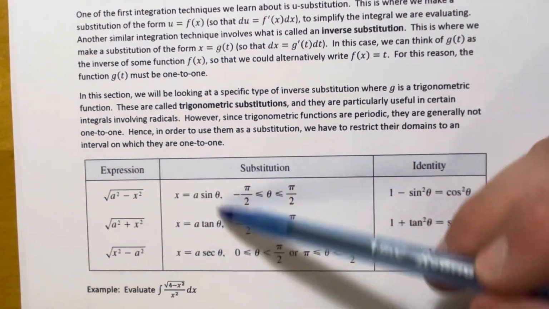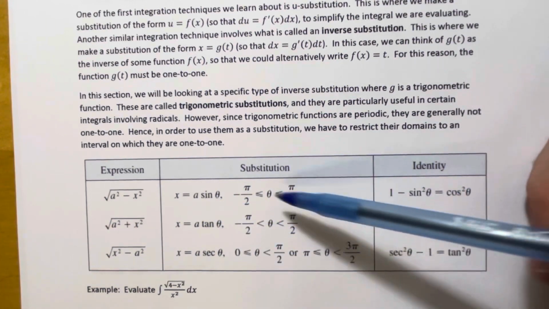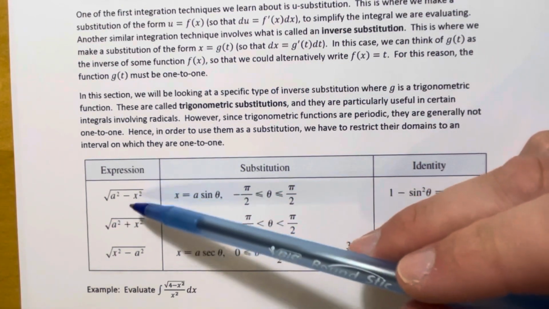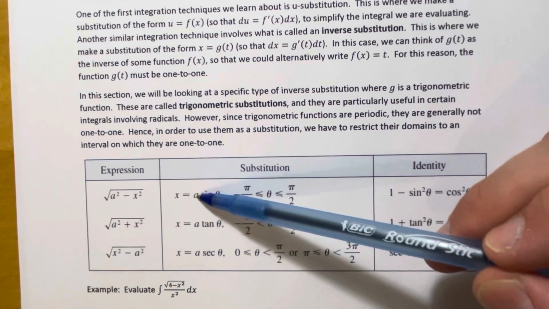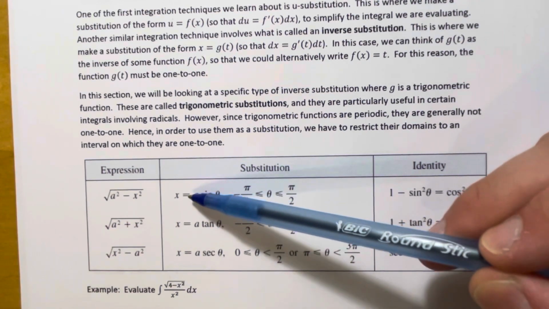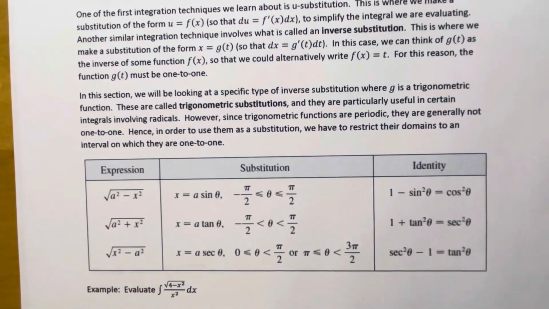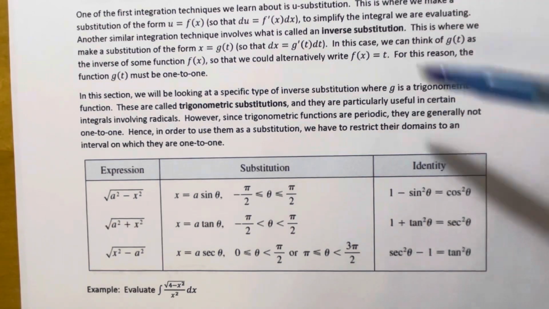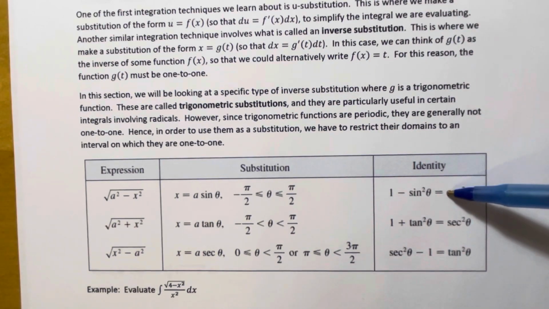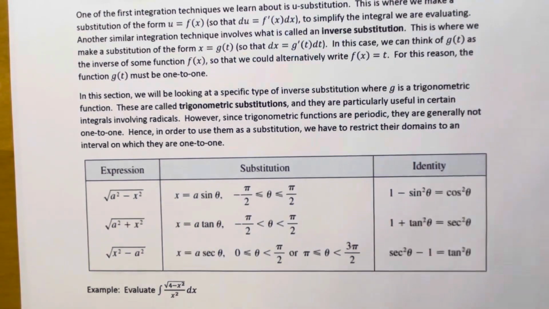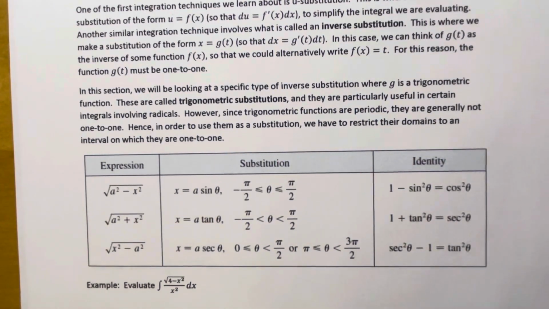Now the reason we want to use these trig functions with these sorts of expressions, notice a sine of theta, for example, would be substituted for the x here. We want to use those because of these identities that help us simplify this type of expression into something that's easier to integrate.